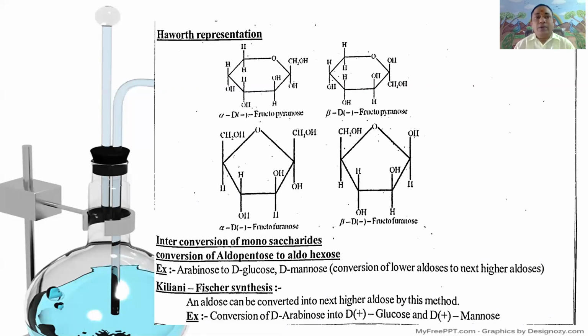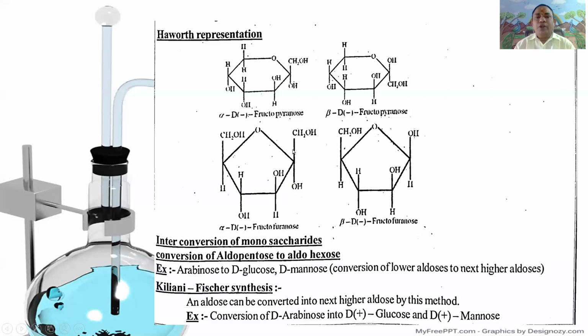Furanose is a five-membered ring. In the furanose structure, the second and fifth carbons are linked through an oxygen atom. In the pyranose, the second and sixth carbons are linked through an oxygen atom, but in the furanose structure, the second and fifth carbons are linked through an oxygen atom.